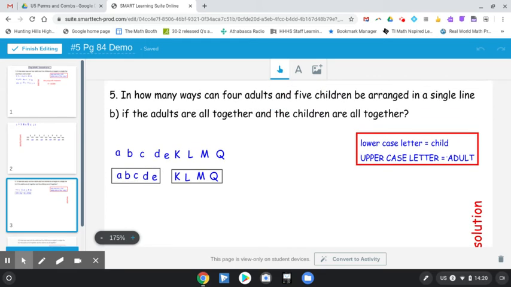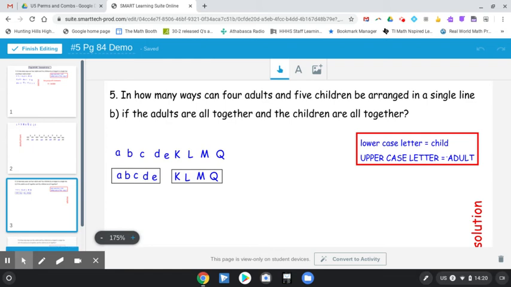This time the adults are together and the children are all together. So what we've done in this case is we've made these 2 groups. Remember, each group can be rearranged and has a factorial. So we've got this group of children that have to stay together, and we've got this group of adults that have to stay together.